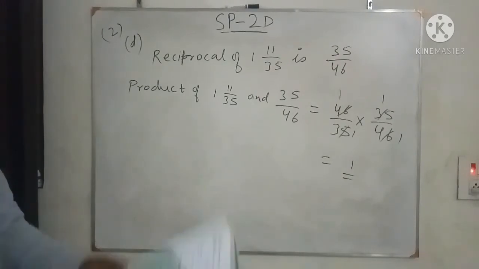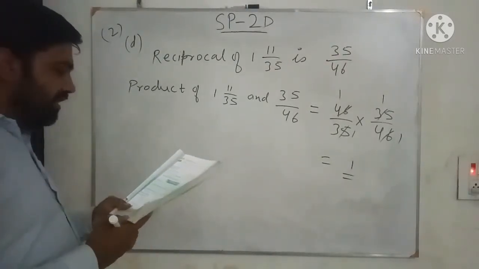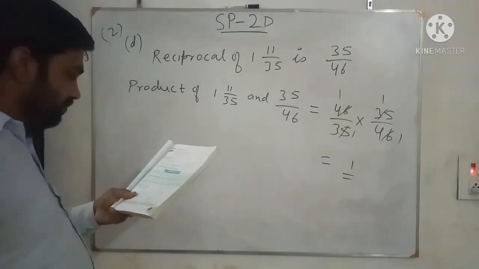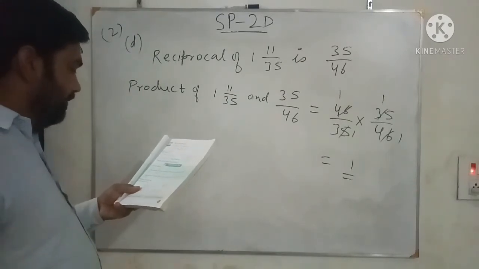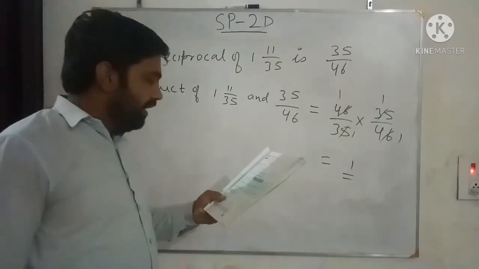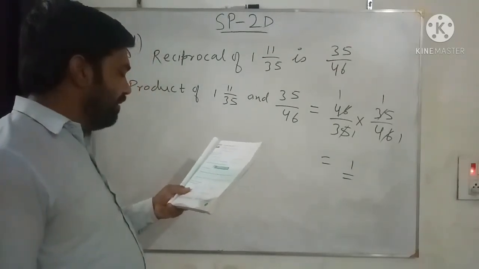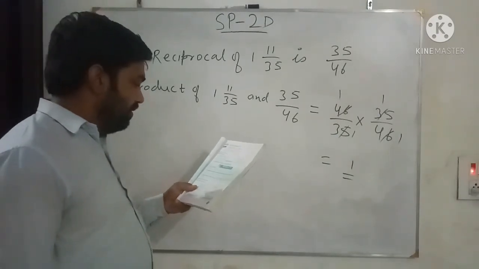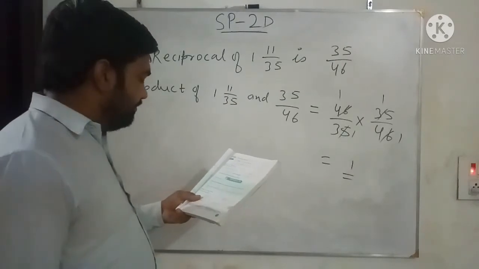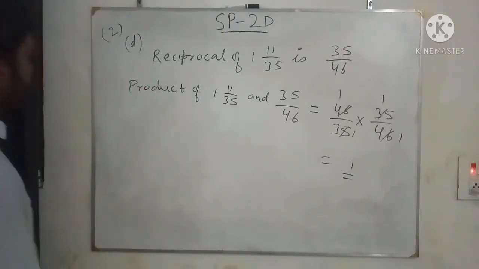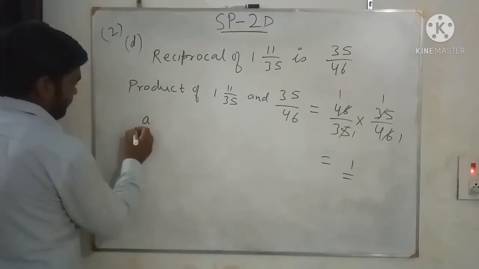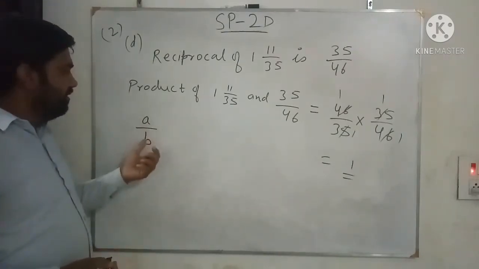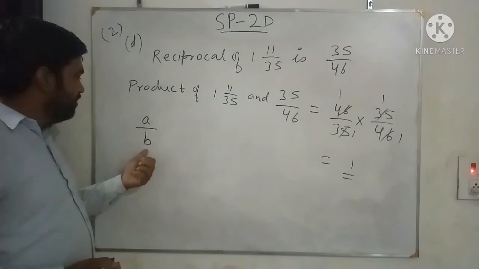Now question number 3. In defining the reciprocal of A by B, we have imposed the conditions A should not be 0, B should not be 0. Give reasons. Why? Because B is in the denominator of a fraction, and if B is 0, the number will be undefined.